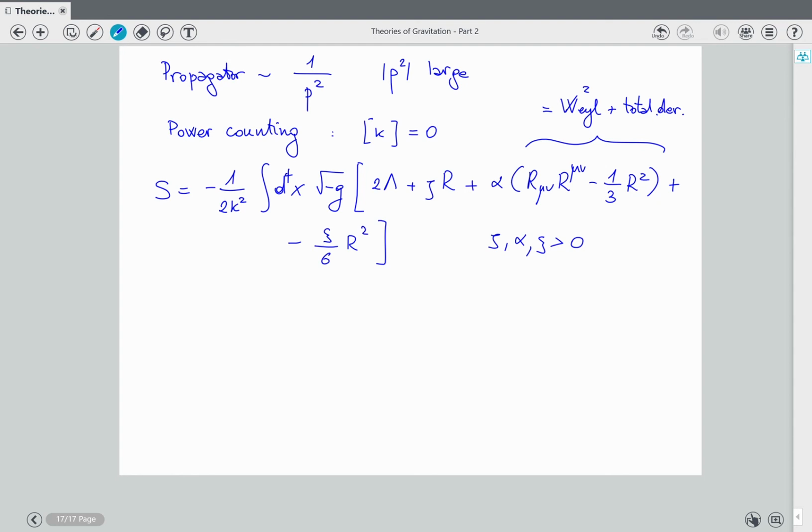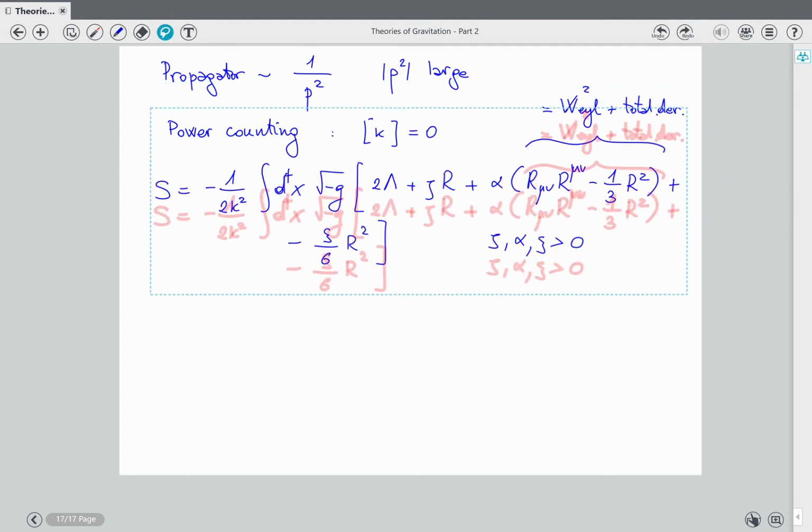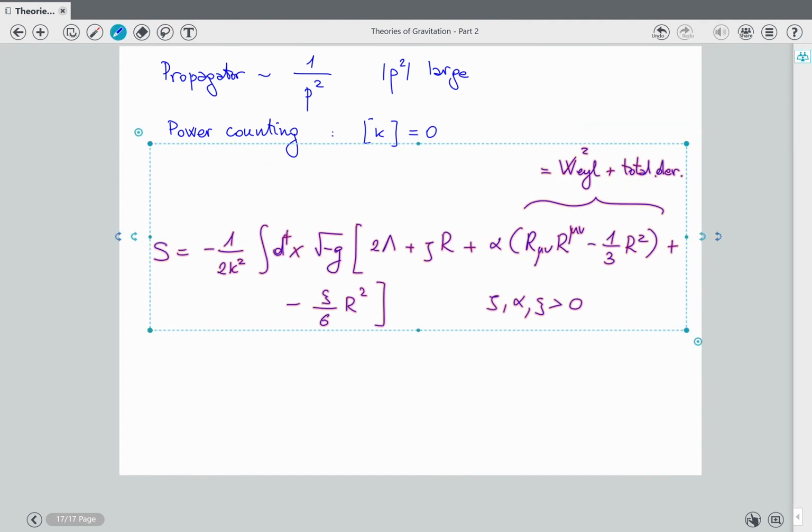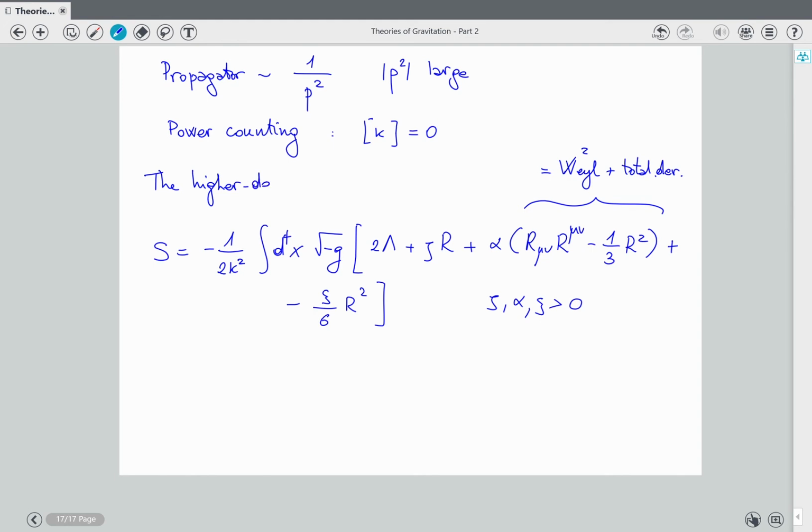Well, this higher derivative theory is renormalizable.